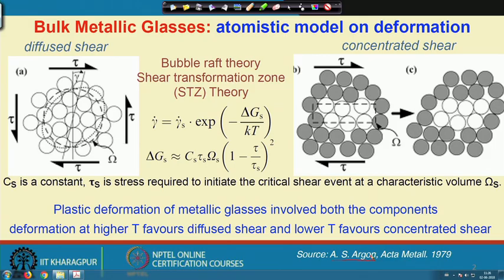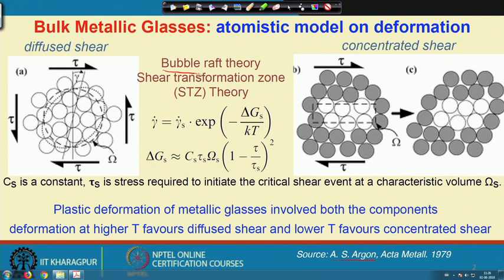He proposed a theory which is known as the bubble raft theory. In this theory, he tried to explain that a disordered solid could be deformed by some atomic scale rearrangement, and this rearrangement could be of two major types.